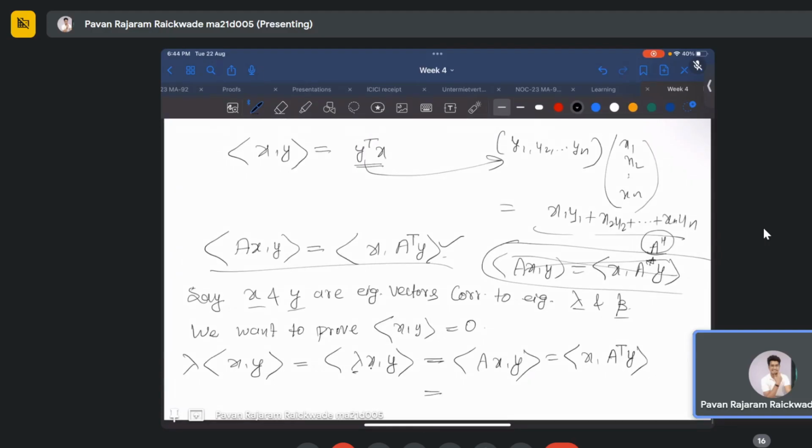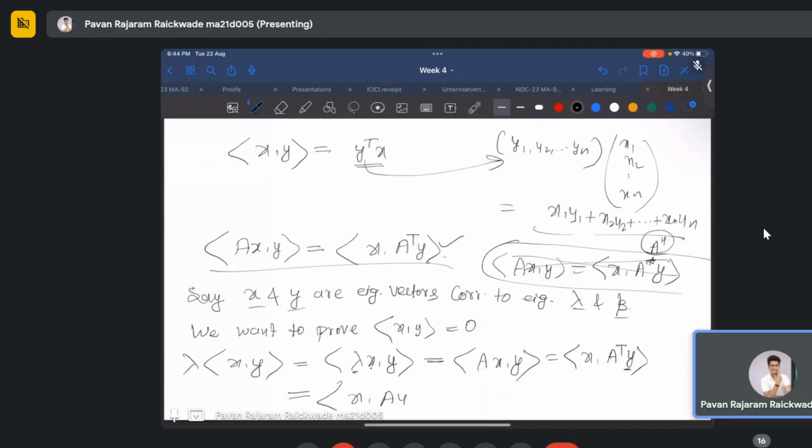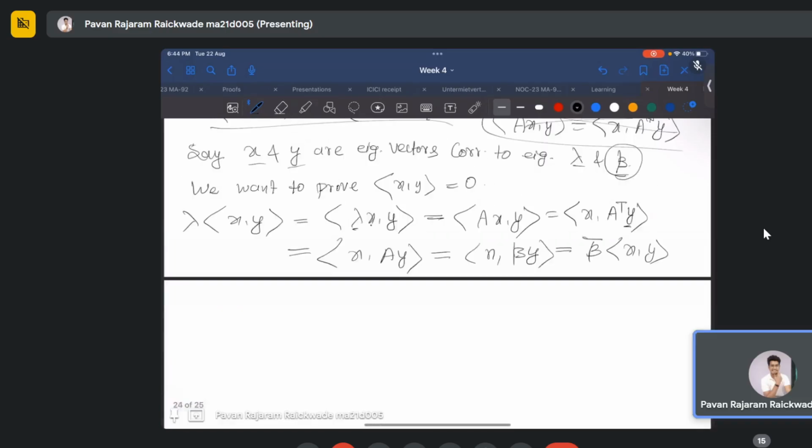And then because y is an eigenvector corresponding to eigenvalue, what do you say? No, not just that. We have skew symmetric matrices. No, what do we have? Real symmetric matrices. So A transpose is again A, and now you have y as an eigenvector corresponding to eigenvalue beta. So you get beta y, and beta gets out.